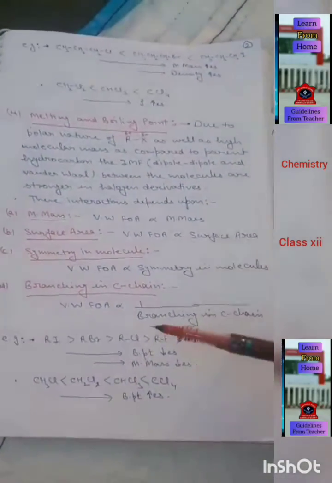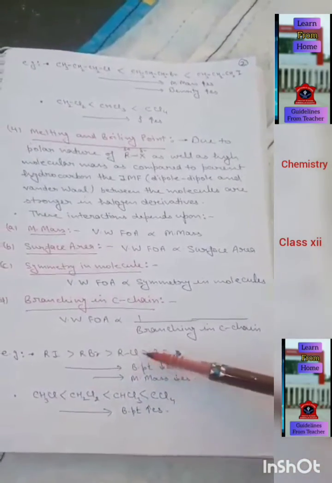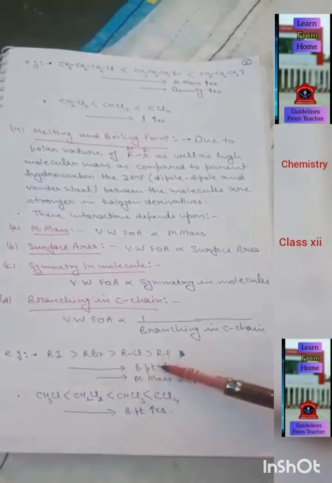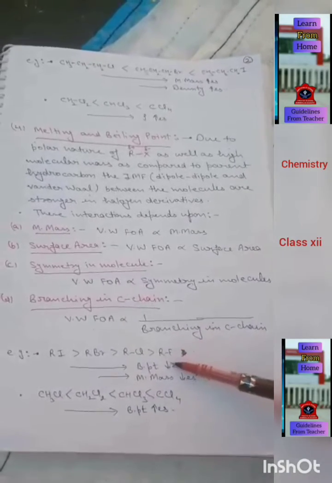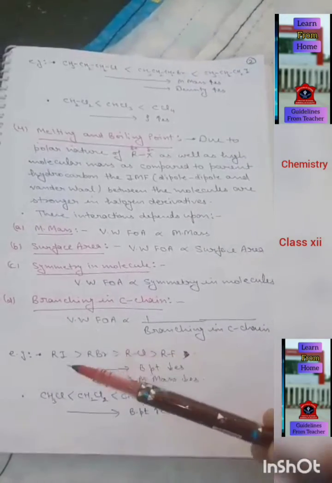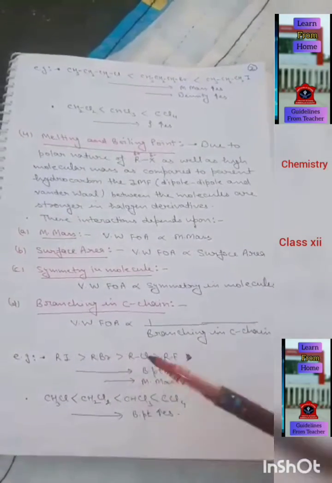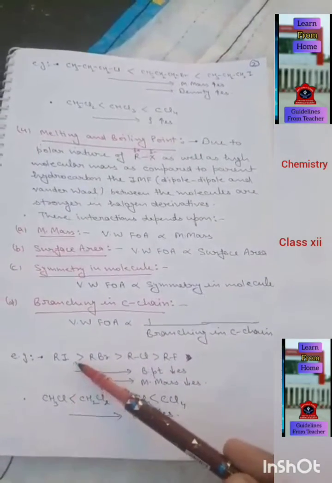We have an example: an alkyl halide like RI, RBr, RCl, RF. As we move from left to right, van der Waals forces decrease because R remains the same, only the halogen atom changes.